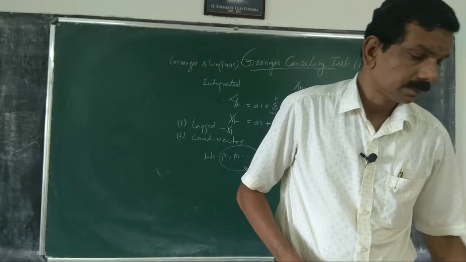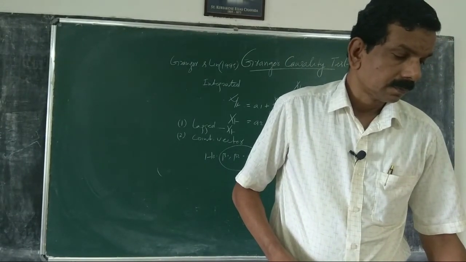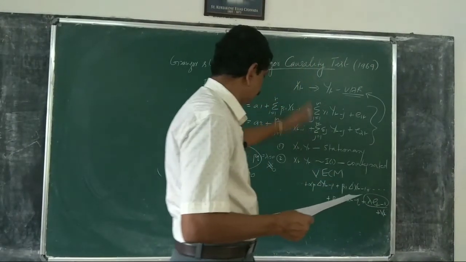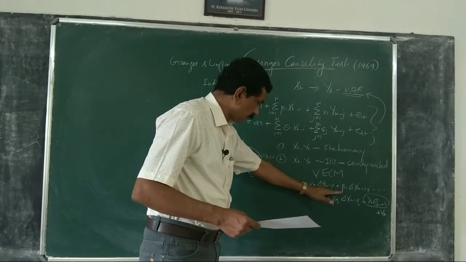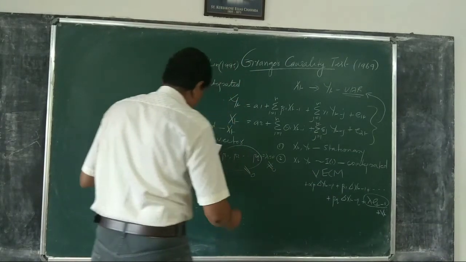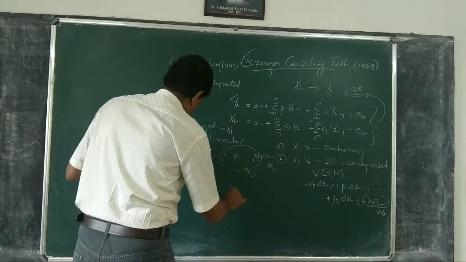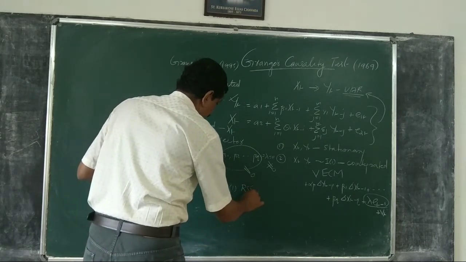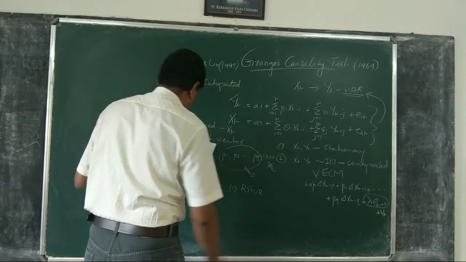Now, the steps are, if this is our framework, then estimate this equation by OLS and obtain RSS. Call this RSS unrestricted.